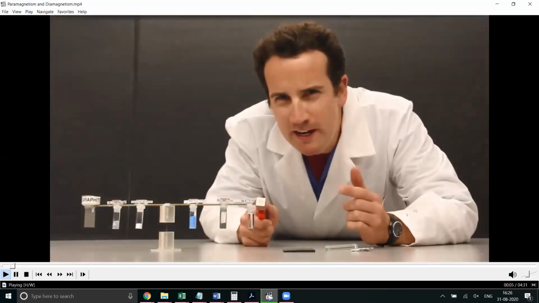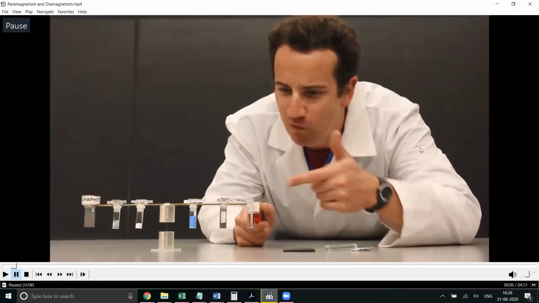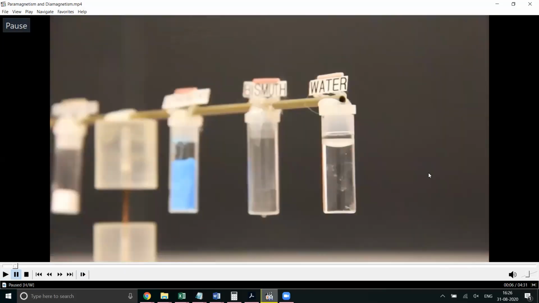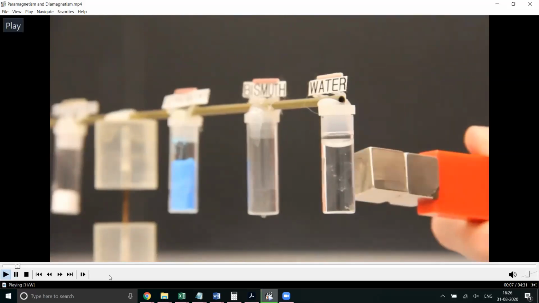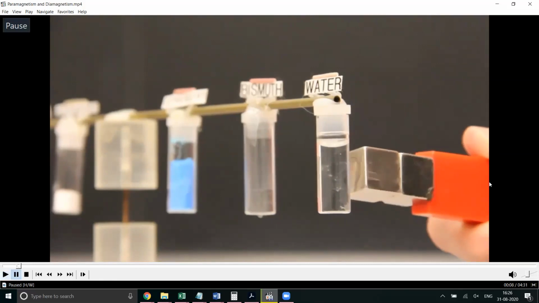The topic is 3 types of magnetism. You're able to see a magnet in his hand, the red color one, and in these small tubes he has taken different materials, and these materials are subjected to the external magnetic field. See what will happen to them. He has a magnet and he is trying to bring it close, not touching the water.